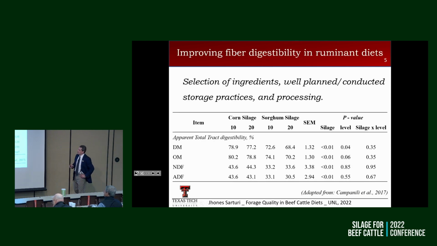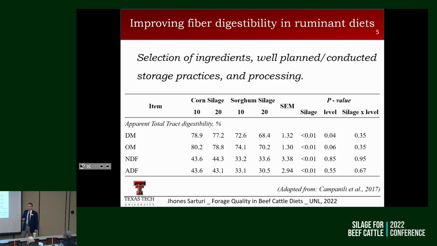So there are several ways, I guess we got several examples, on how we can improve that forage quality. And one of the things that first comes to mind is one of the decisions that we take very early in time: what is the hybrid, right? What is the selection of the ingredient, or what is the hybrid that I'm using?